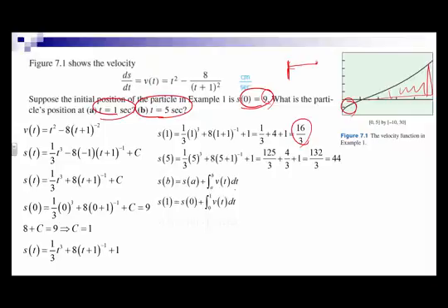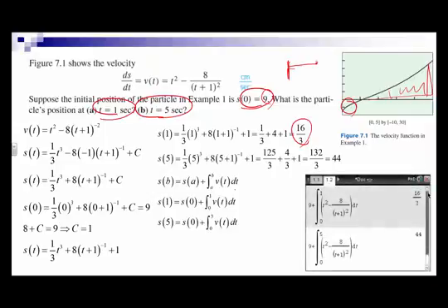Well, it's going to be the position at time equal 0 plus the integral from 0 to 1. We want to find the position at time equal 5. Well, it's going to be the position at time equal 0 plus the integral from 0 to 5. And we can see by looking at our calculator that these values match exactly.